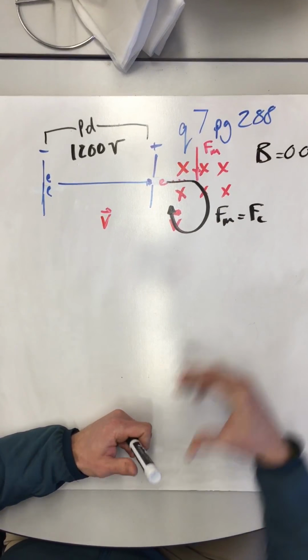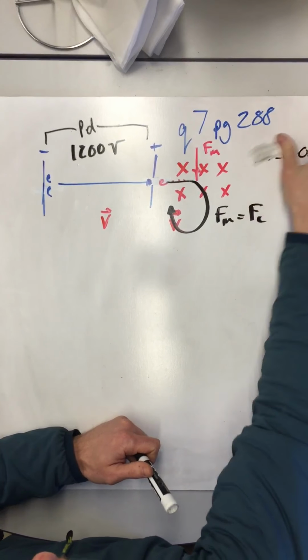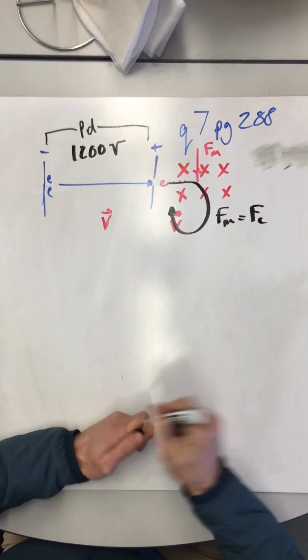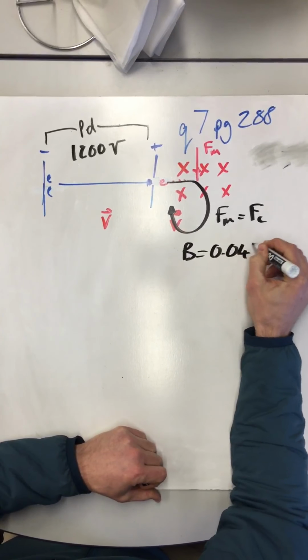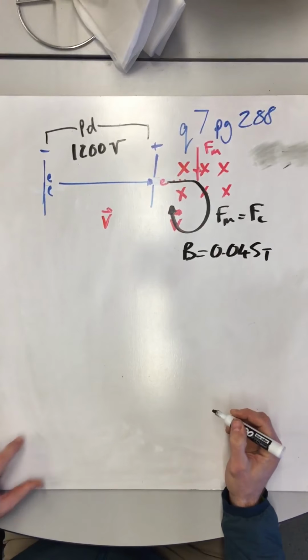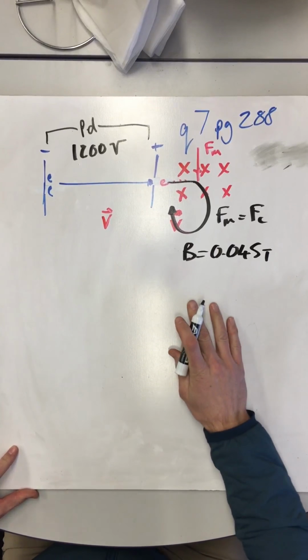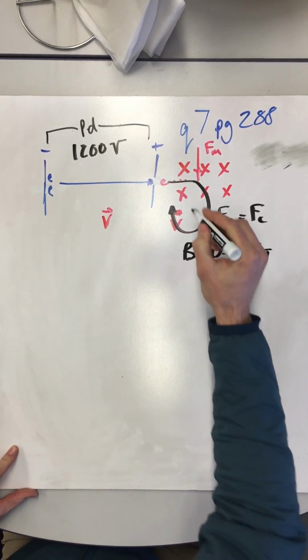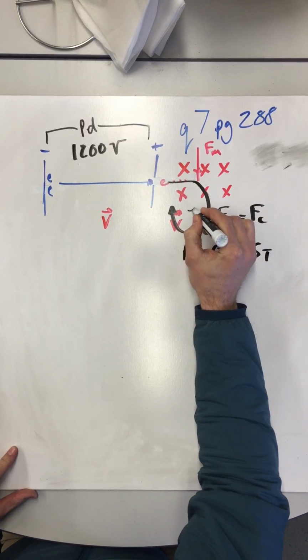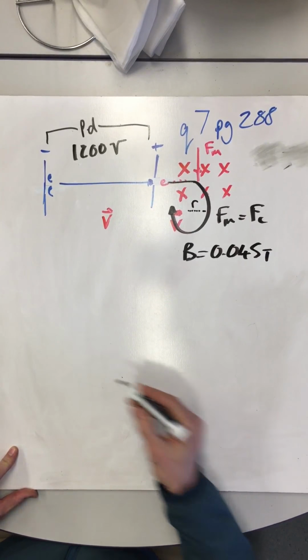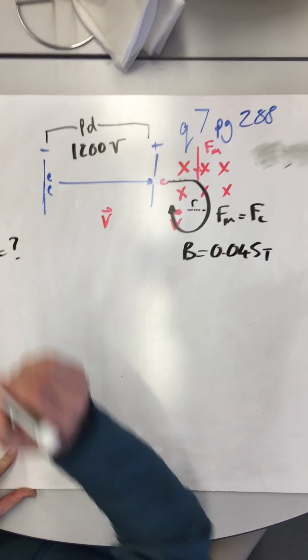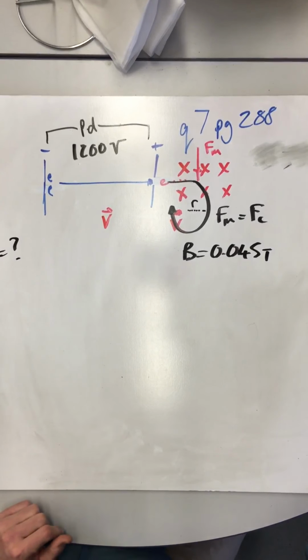In fact, I don't think you can see that there, so let me write that in a different place. Let me do that over here. B is 0.045 Teslas. The question is, what is the radius? So what is this curvature of the electron? So what is R?